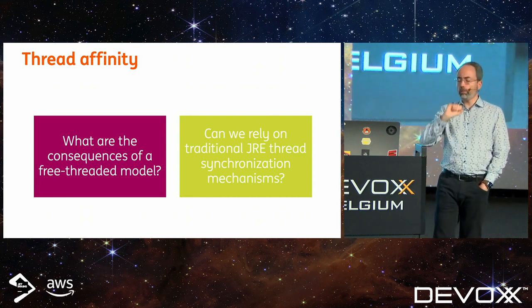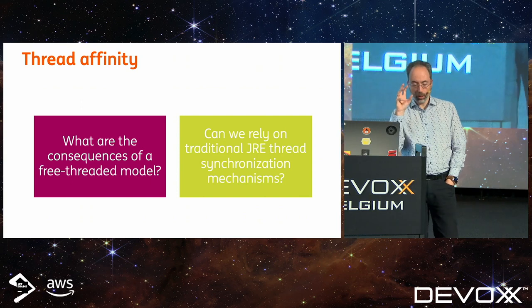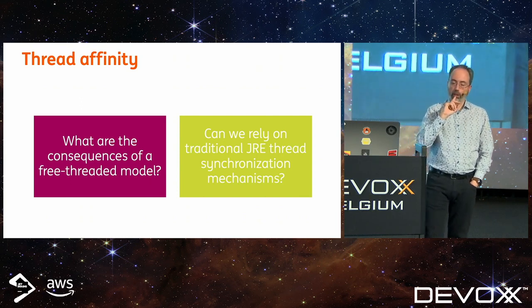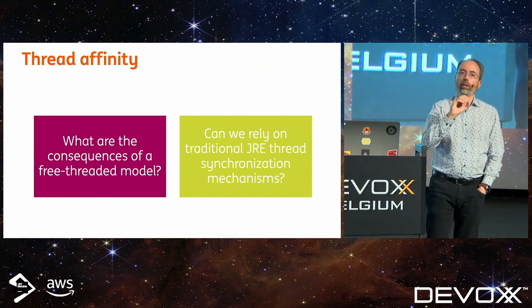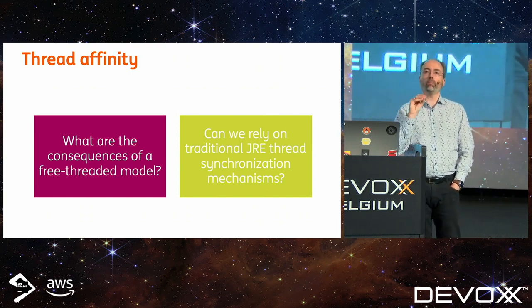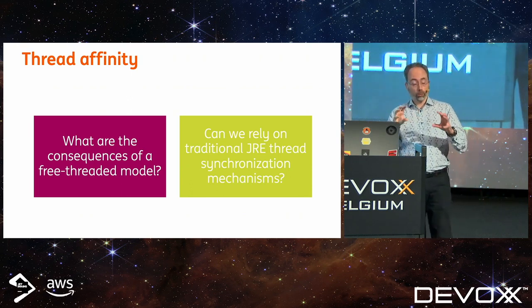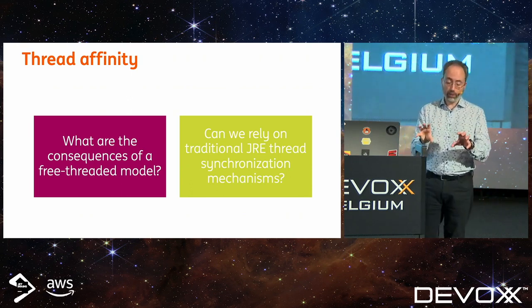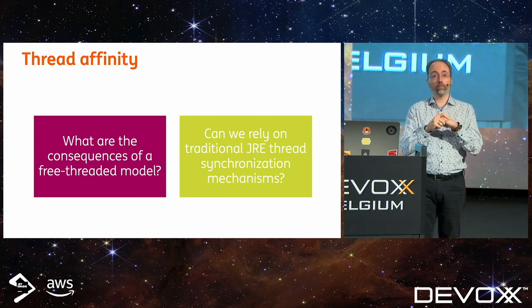They need to share some memory, and they need to synchronize access to that memory. We all know that the traditional Java runtime synchronization mechanisms are thread-based. They were meant to prevent code running on different threads from accessing the same shared memory.